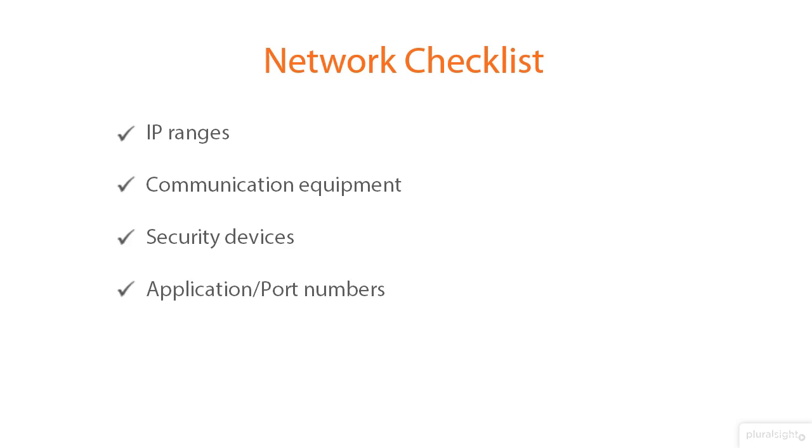Also, you need to know what the applications that work over the network are, including TCP or UDP port numbers and IP addresses. Finally, you should use the internal network scan that you already saved during the previous module.